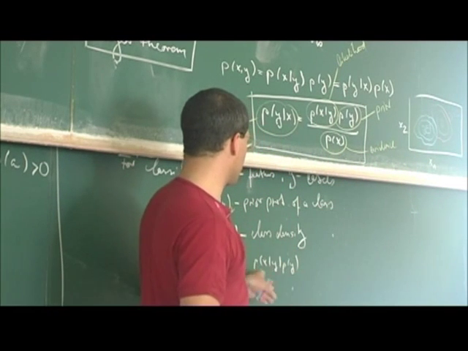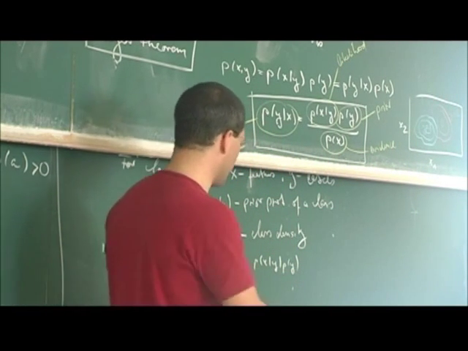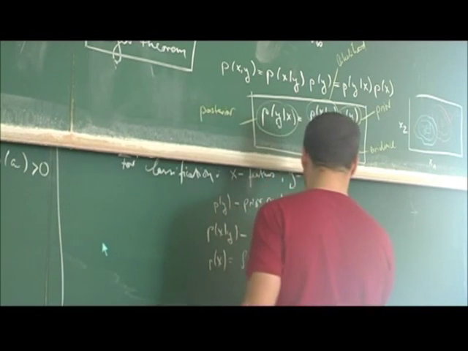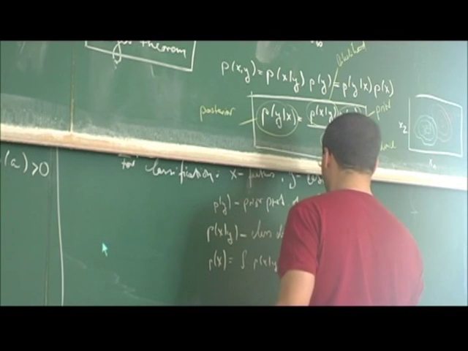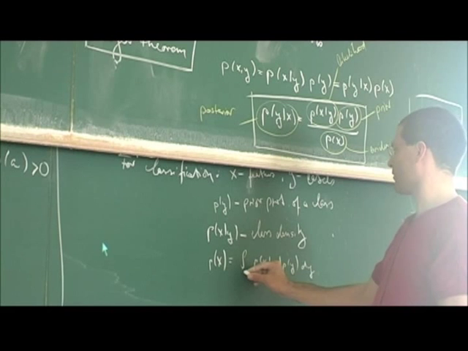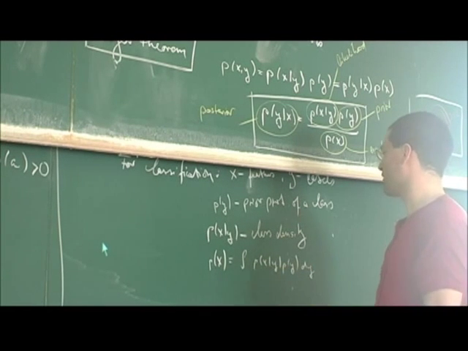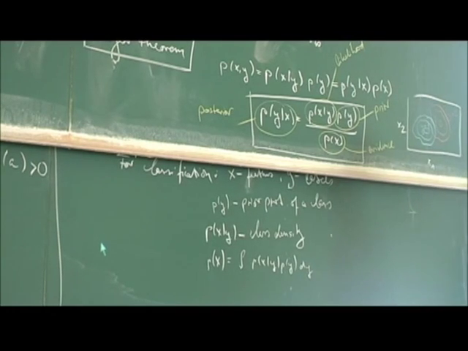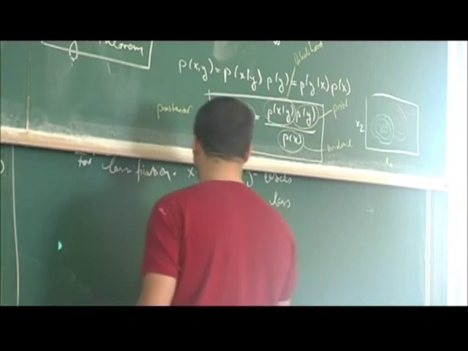This is the joint, and by integrating out y, if it's a continuous distribution, I can obtain this evidence here, the probability of having x at all. And then finally we get the posterior.